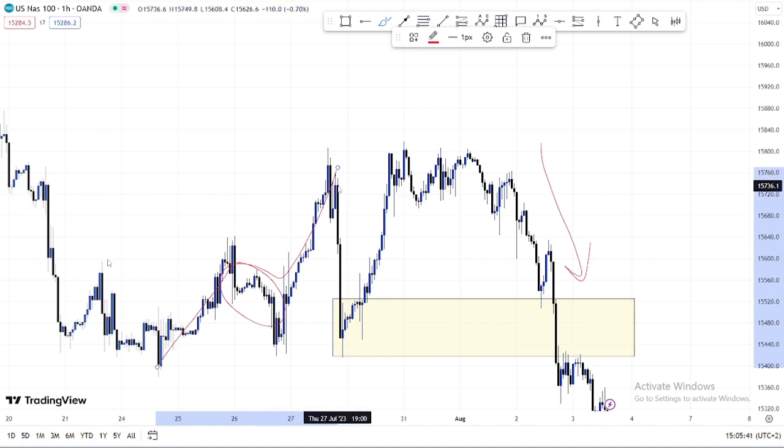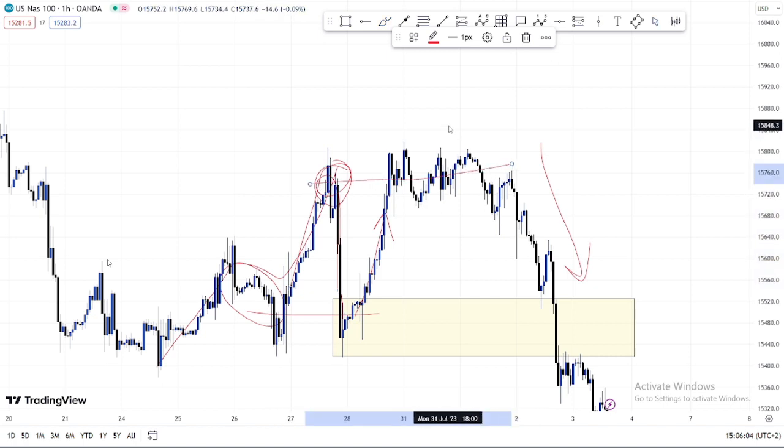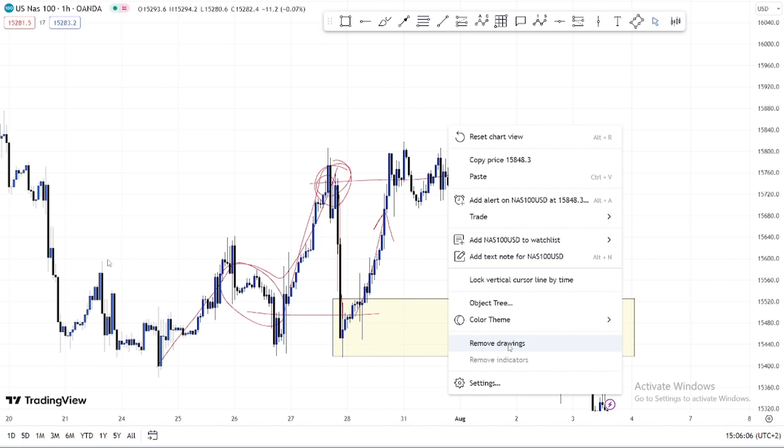The market came back to test this base and pushed up. When the market came to this area, you can see it left. We had a rally, then a base, then a drop. I was expecting the market to come and test this base.